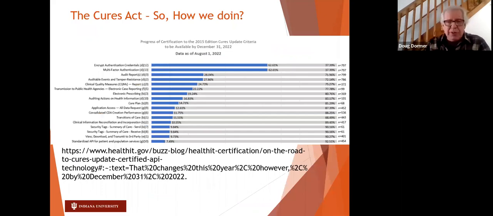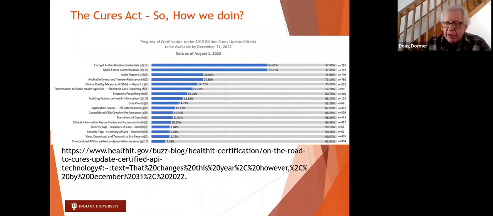And how are we doing in this? Well, the closest I could find was last August, early August. This shows relative to the certification criteria, and they're still using the 2015 criteria, but now they're saying criteria to be available by December 31st.